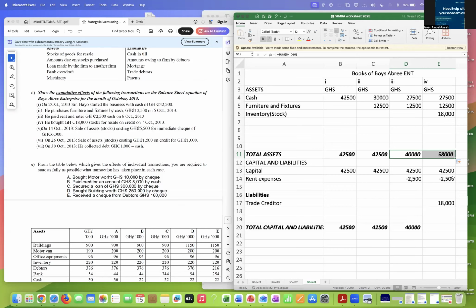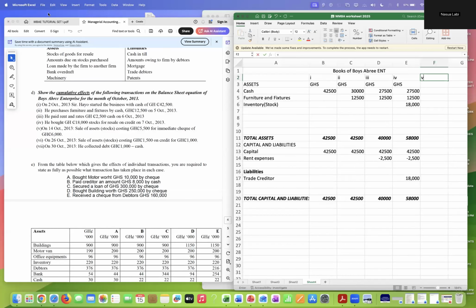Here we have capital of 42,500, a rent expense of negative 2,500, and then we have a trade creditor of 18,000. So the additions should also give us something similar to 58,000. All right. I hope we are following. So we can pick up on transaction 5.